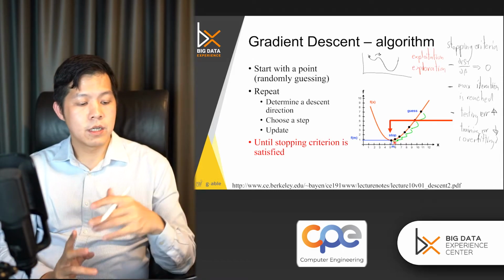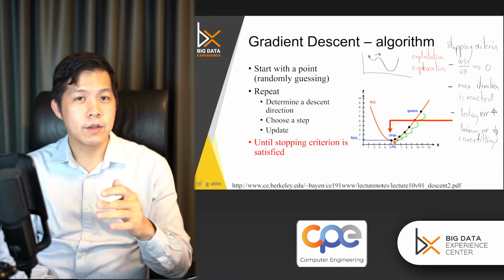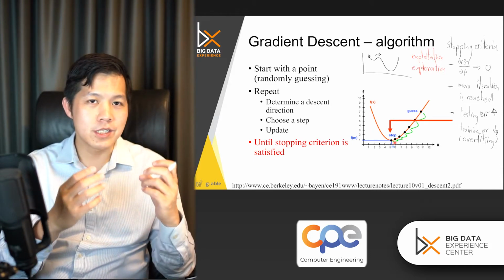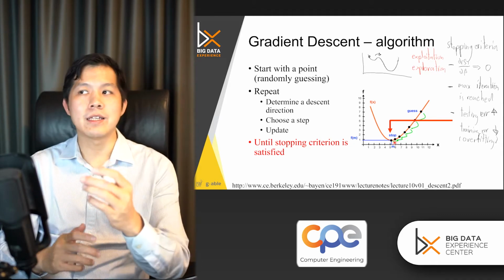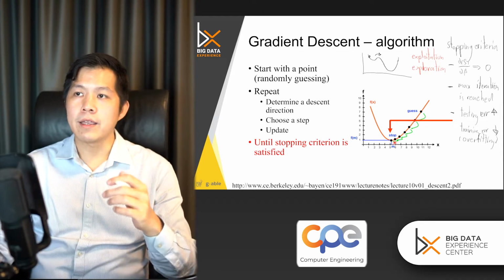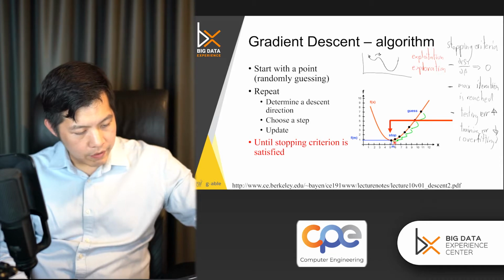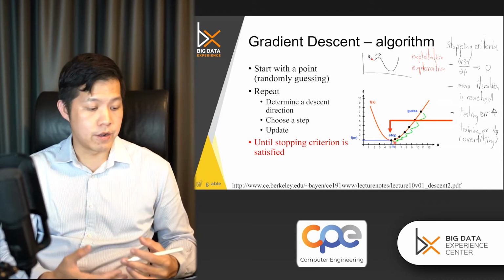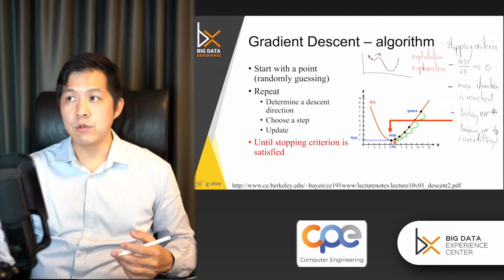Exploitation means going into the direction that will become greedy. You want to go into the direction that will satisfy you the most. So that is the direction that you go, like going down here. This is exploitation. But you want to balance it with the randomness that allows you to explore.